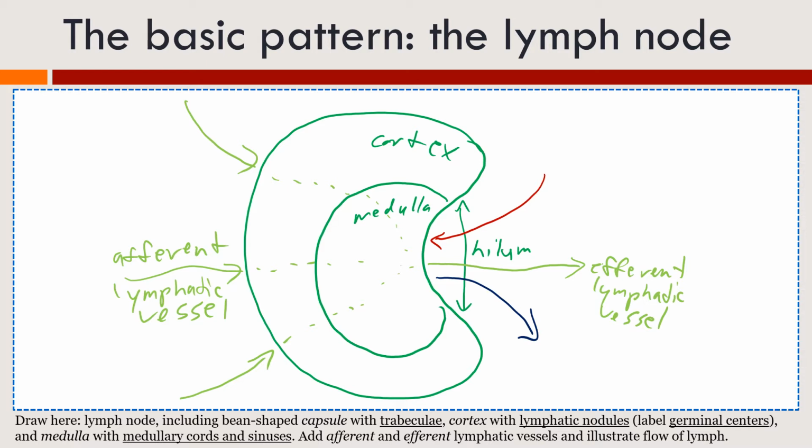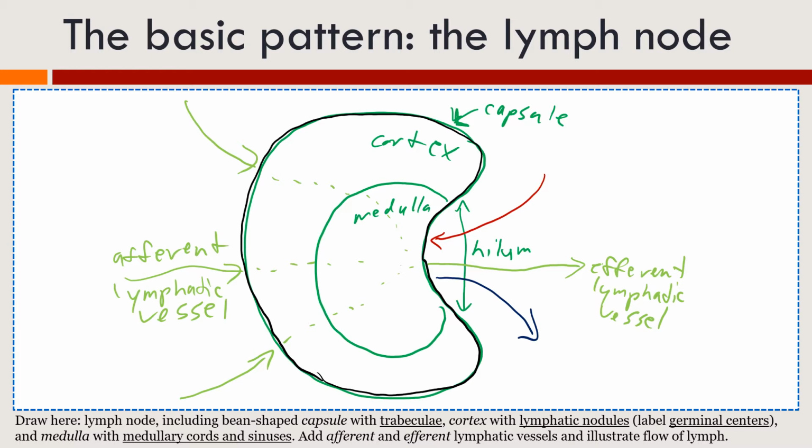Finally, almost all of these organs have a fibrous capsule layer around the outside. So there's a fibrous capsule to this organ that packages it all together into one little lymph node. So those are all the general features of our bean-shaped organs.